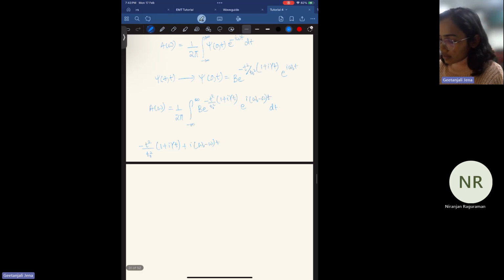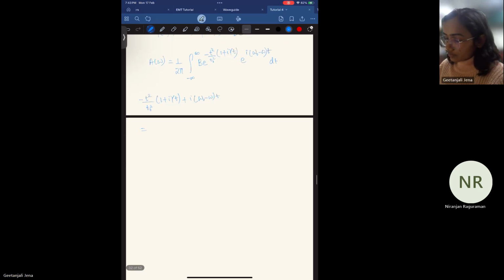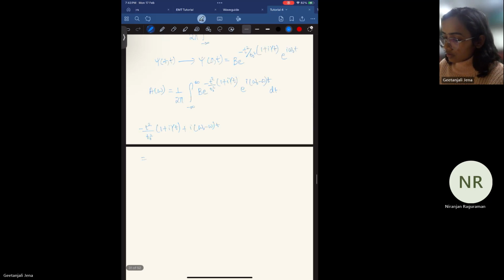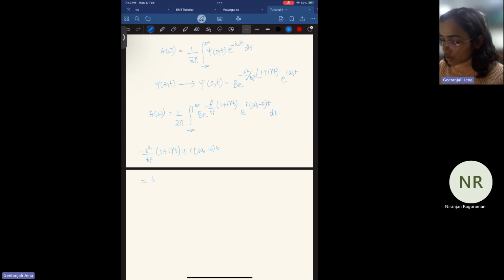This you can write as minus t square over T0 square, minus i gamma t cube over T0 square, plus i omega 0 minus omega t.